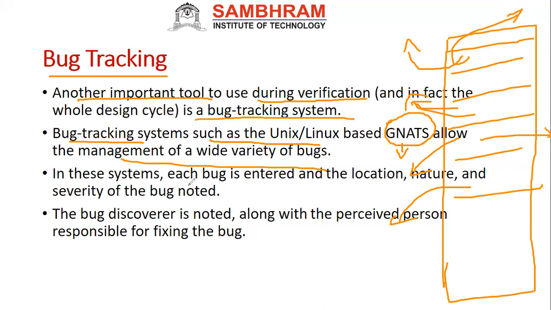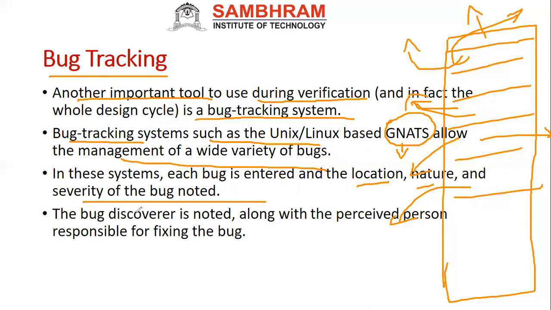In this system, each bug is entered, and the location, the nature, and the severity of the bug are noted. So each bug will have information such as the location, who did it, from which location, and how severe the bug is, whether it is a very dangerous, minor, or major issue.